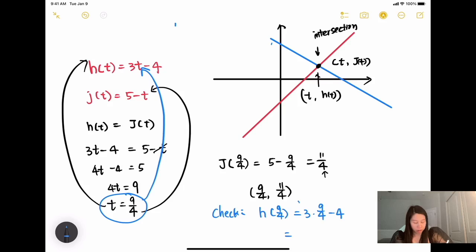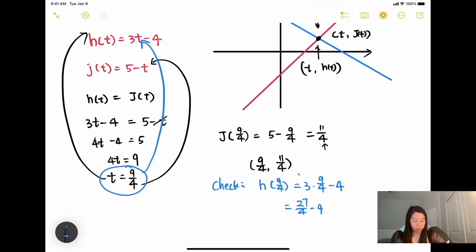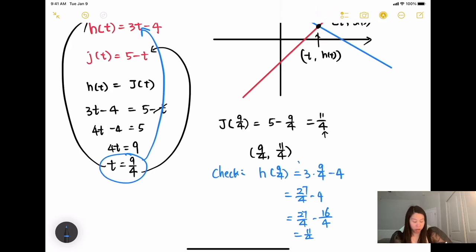And then I got 27/4 minus 4. And then we find the same denominator. I have 16/4. So I got, wow, 11/4. So that means, yes, this is the output. The y-coordinate is 11/4. So we got the intersection point, 9/4 and 11/4.